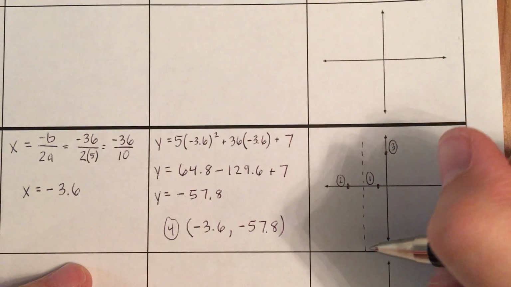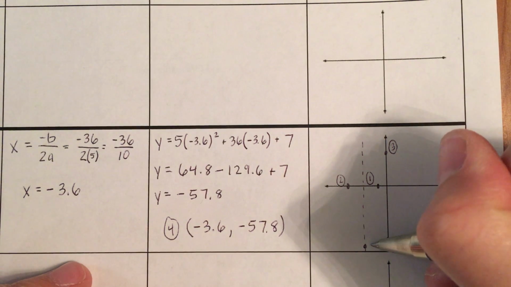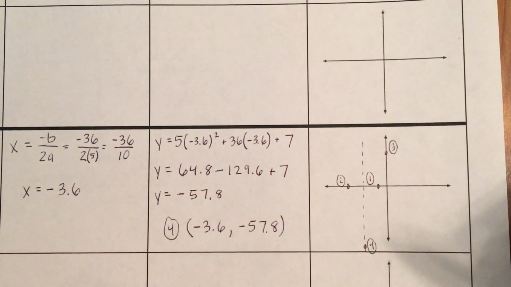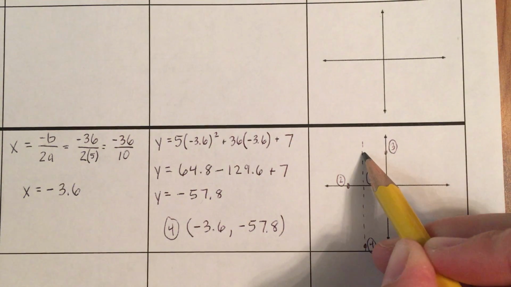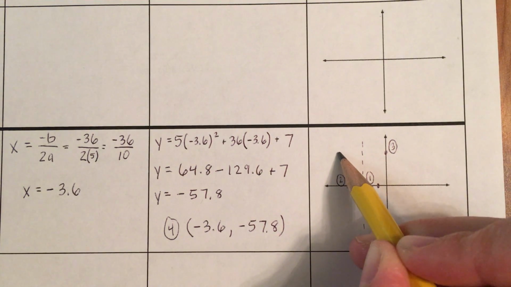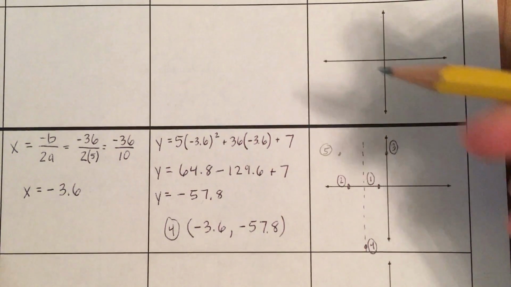And our vertex is way, way, way down here at negative 57.8. And then to make my graph neater, what I want to do is just reflect this point over the line. So I'm just going to eyeball it here. I see, okay, it's right around here. I'm going to go right around there. And then I'm going to sketch my graph.